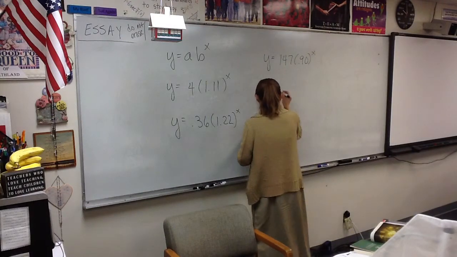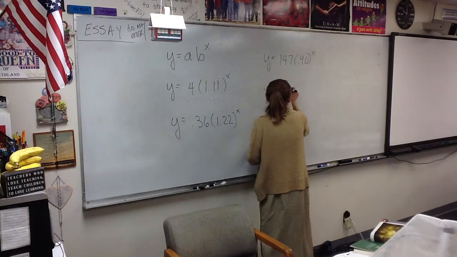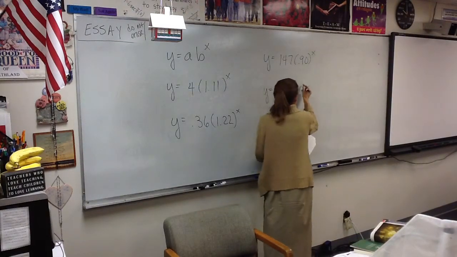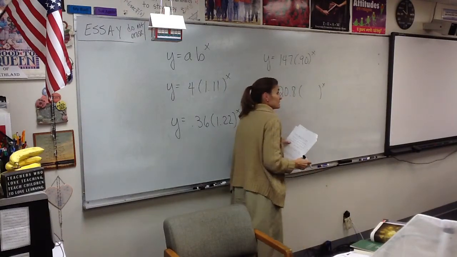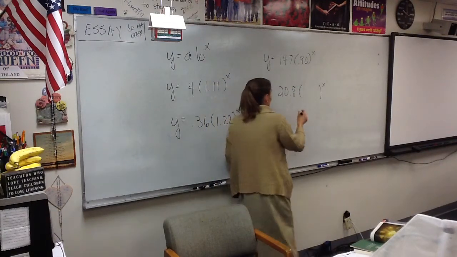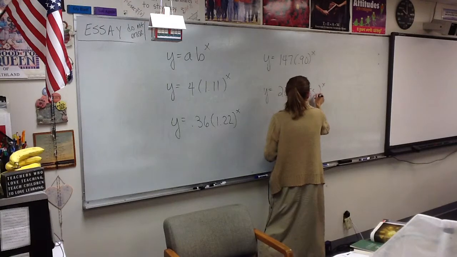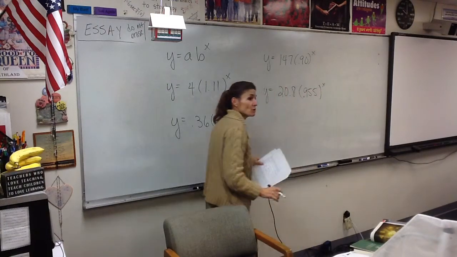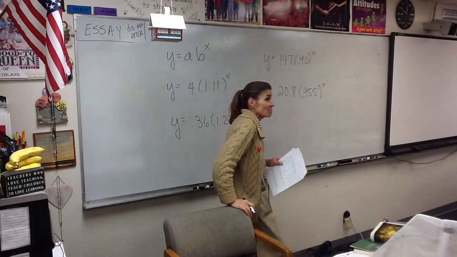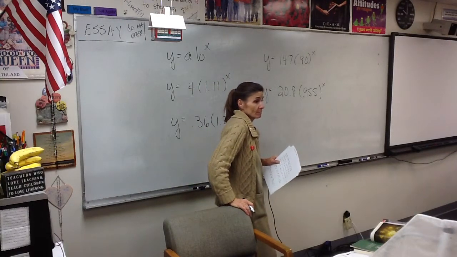How about the next one? 20.8 by initial value. What's going to go in the parentheses this time? What's my B value this time? 0.955. Remember, you added or subtracted from 1. So it'd be like 95.5%.